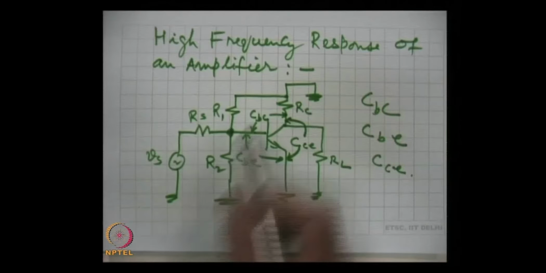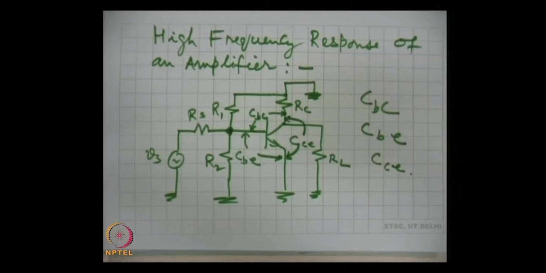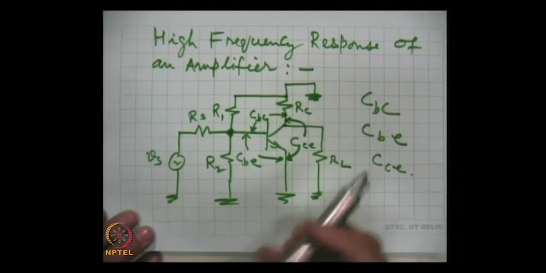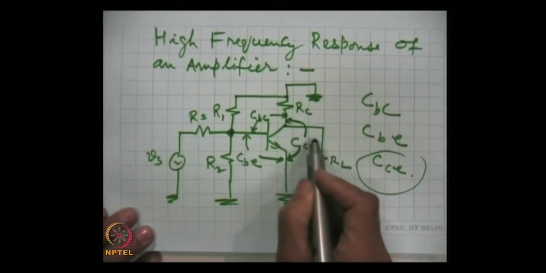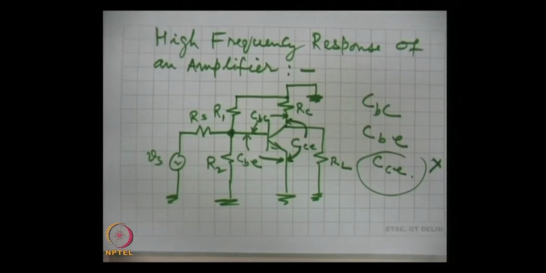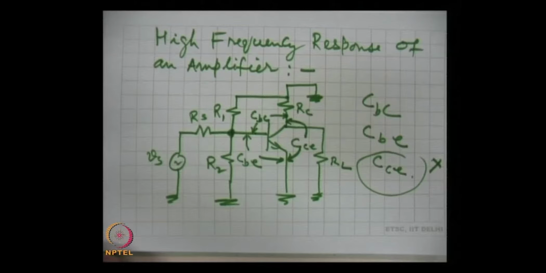So, what is the effect at the input of these capacitances, and that we have to see. Now, here comes the Miller theorem. First thing, that we are not concerned at the moment for the output, therefore, we can drop this capacitance between collector and emitter. When we are talking of input, then these two capacitances will be coming in the calculation.